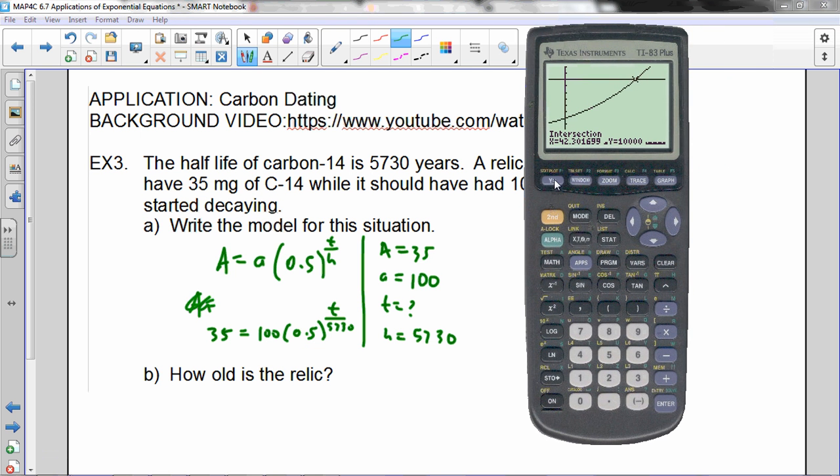So how we do that is we still got to clear all this other crud out. We still got to put the equation into the y equals part.